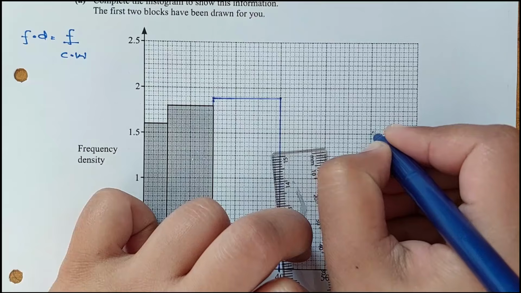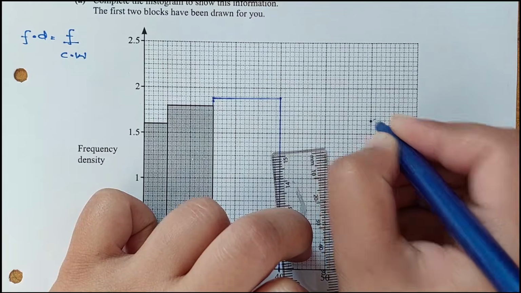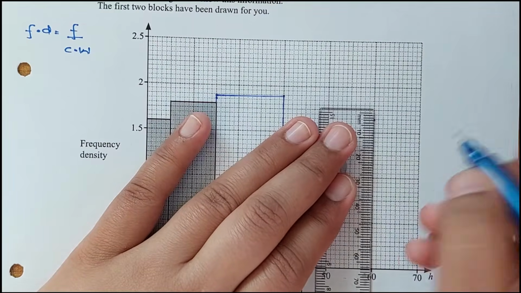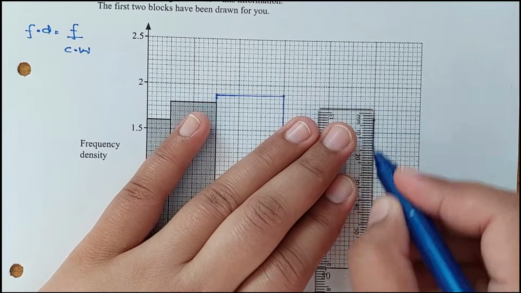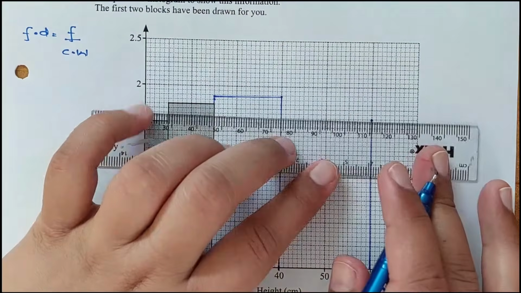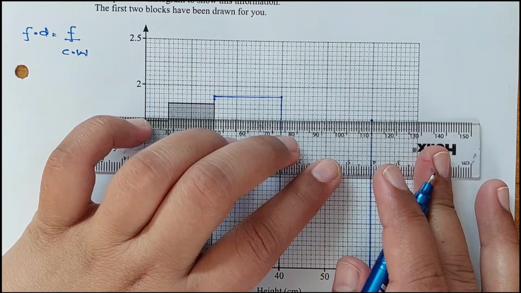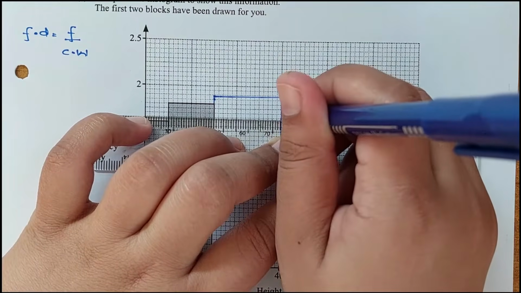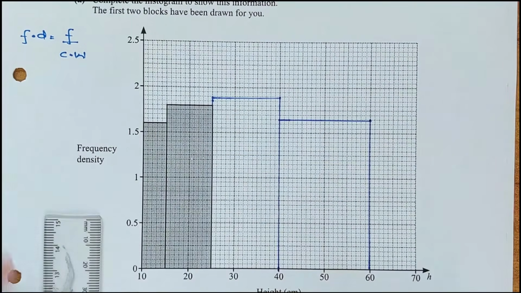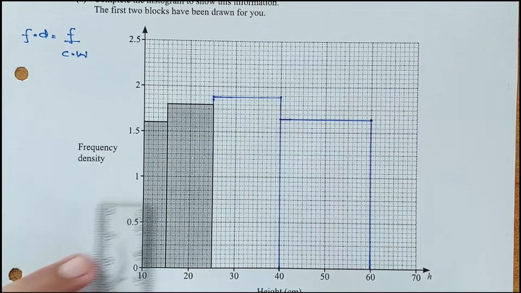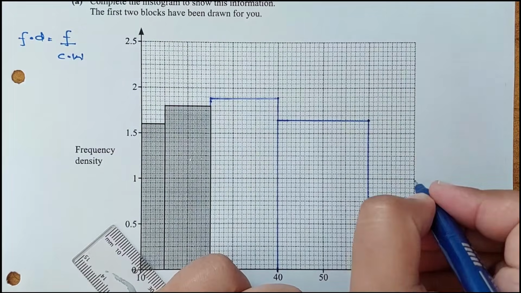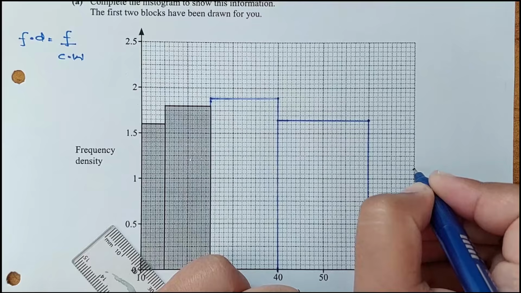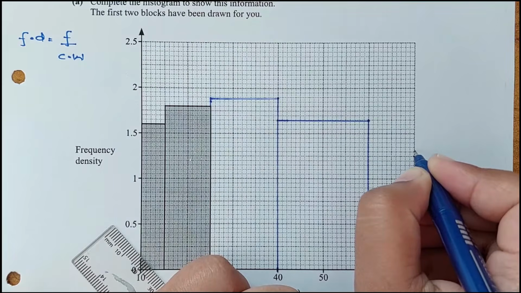This is 1.5, these two are 1.6, this is 1.65. Okay, from 60 to 70 it is 1.3. This is 1, 1.1, 1.2, and 1.3.